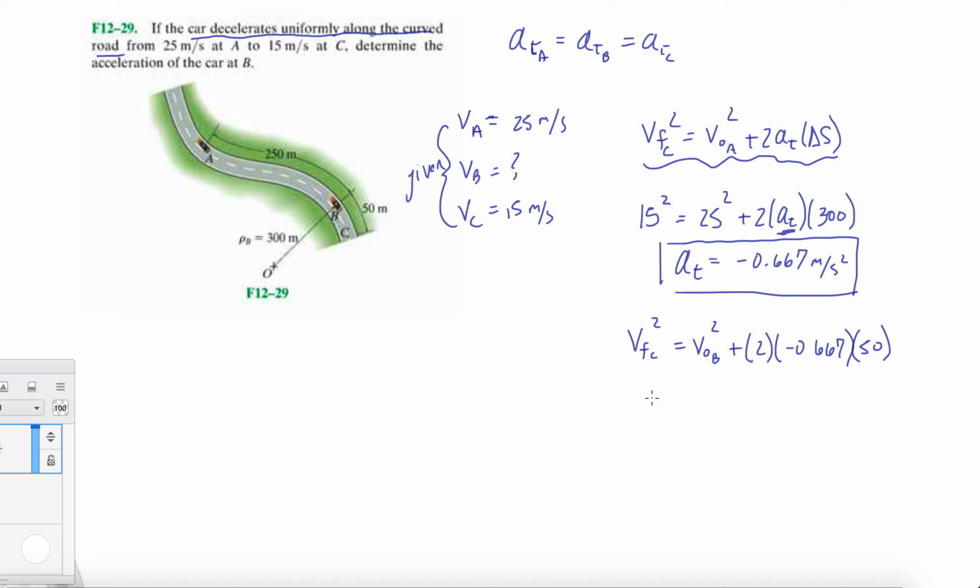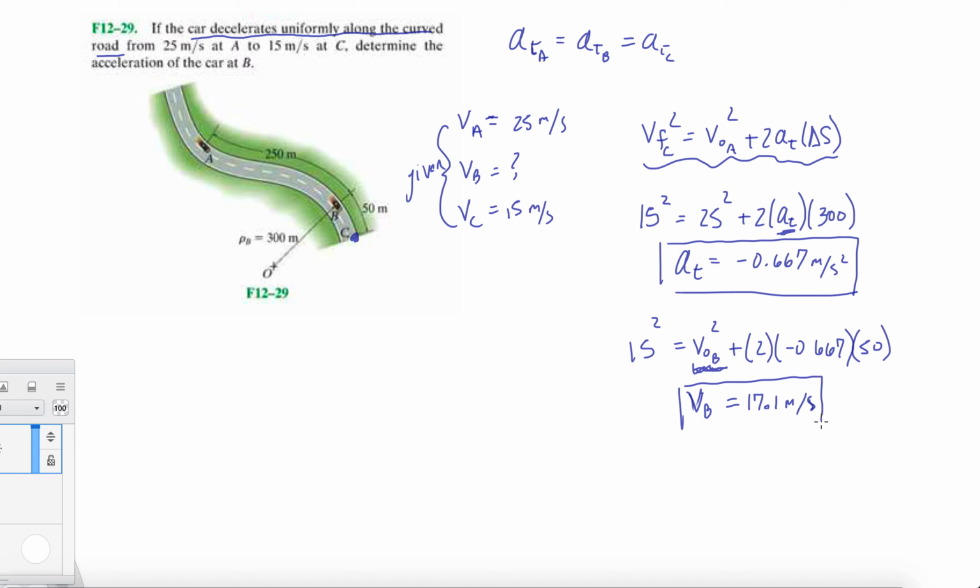Again, we're trying to isolate the velocity at B. So let's plug in 15 here, because that's the velocity at the final point. When we do this, we get V_B of 17.1 meters per second.